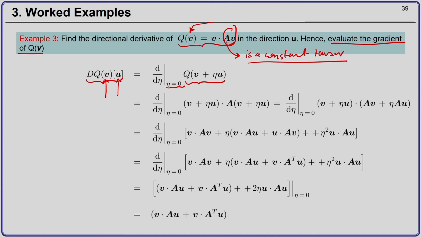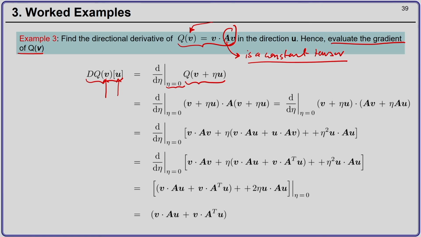So, this will give you the value of the directional derivative of q at v in the direction u. The next step is we substitute v equal to v plus eta u in our expression of q, which is v dot A v. So, that is what we get, v plus eta u dot A into v plus eta u.